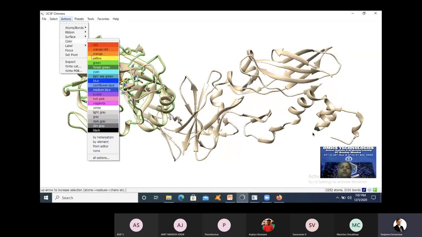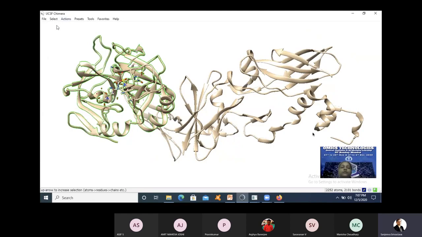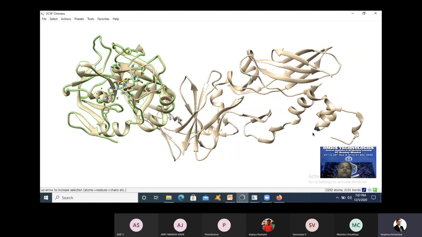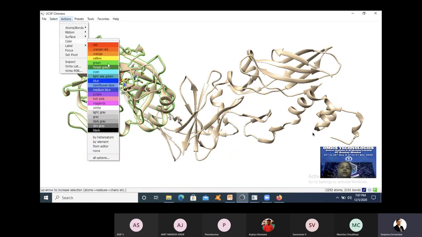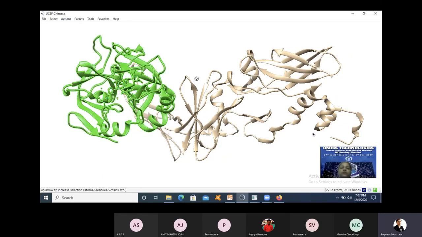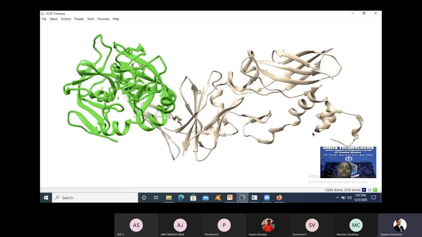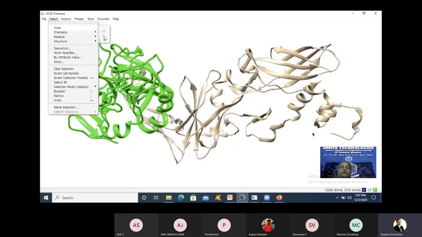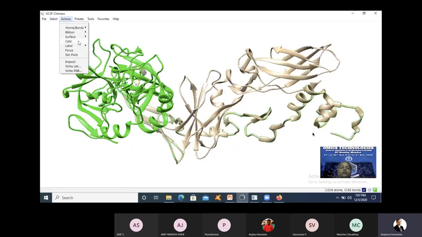I can just go to color. What I did was I went to chain and selected heavy, which will select the heavy chain. I went to color under actions and said green. So the heavy chain became green. Then I selected the light chain and made it blue.